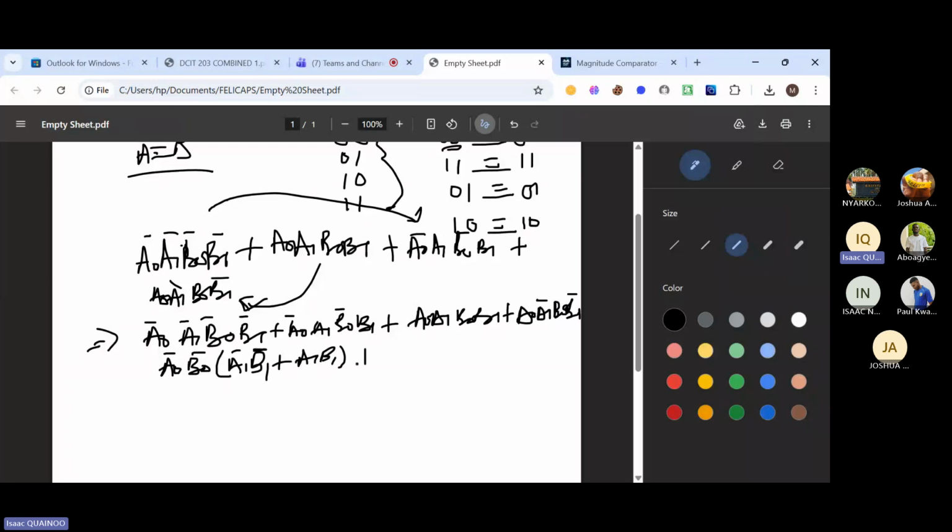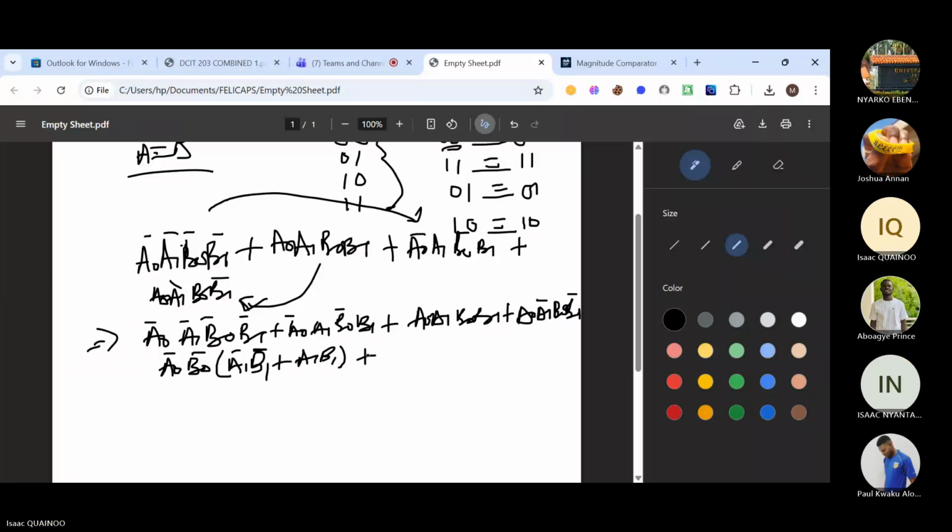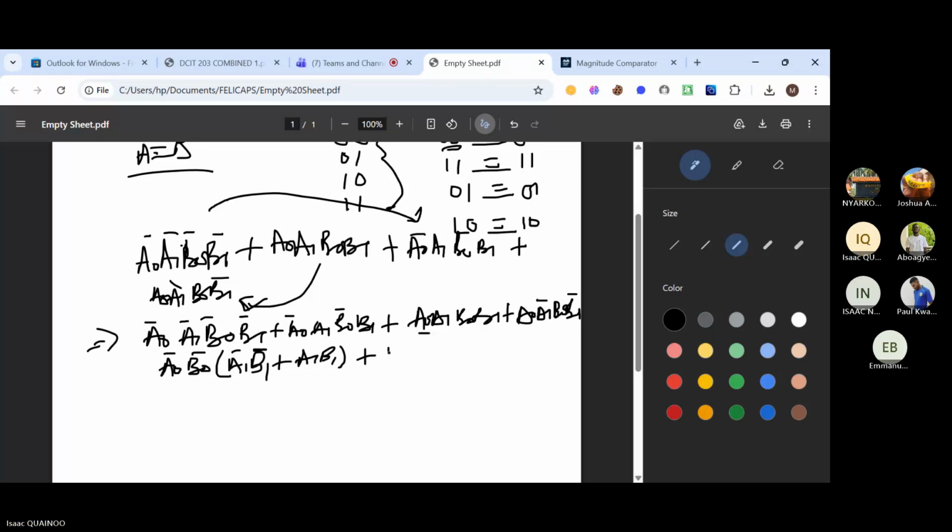Please, can we all see what we just did here? Yes, sir. All right, so we come to the right side and replicate the same thing. What does this have in common? We can take A0 here, and B0 also as a common factor.